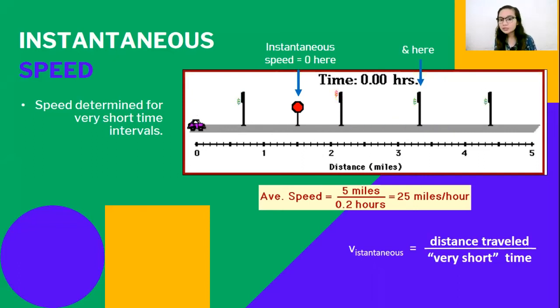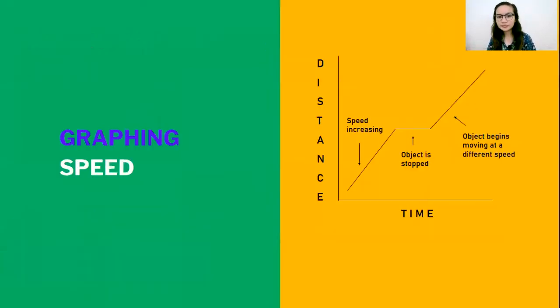So depende kung saan mo gustong i-determine, where your car's distance and the time at that point, yun yung instantaneous speed na tinatawag natin. Unlike the average speed or your general definition for speed, that's the total distance and your total elapsed time.